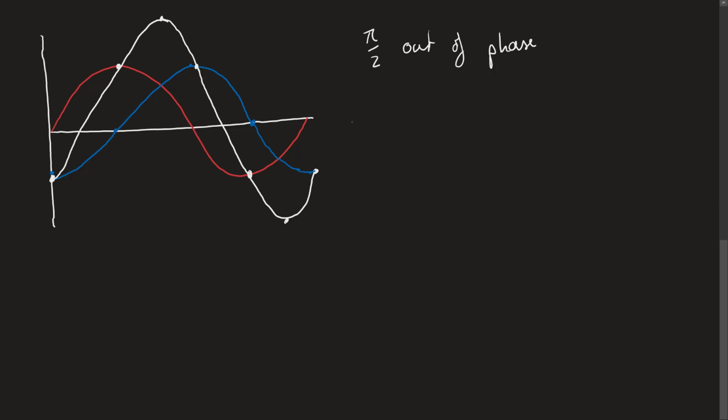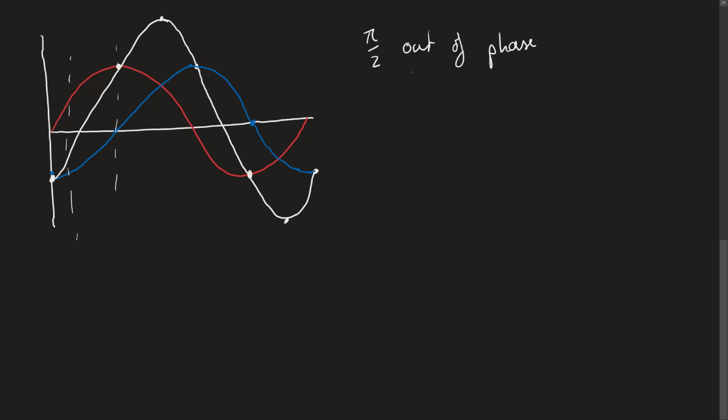So we might say that this is totally constructive, but there are positions along this wave where we have destructive interference, because we'll get places where, like in this region here, we have positive values of the red wave, and we have negative values of the blue wave, so they're actually cancelling out here to make a smaller amplitude than what should be. So in this region we actually have destructive interference, in this region we have constructive interference, then we have destructive here again, then constructive, and we keep going like that.